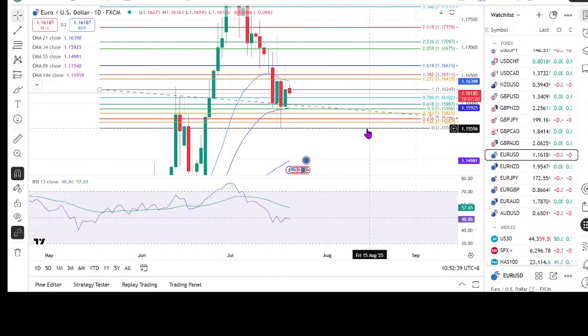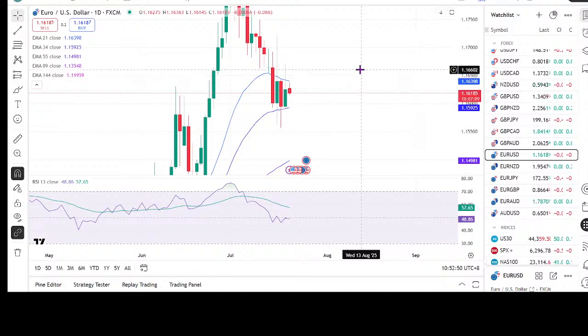The daily high and the daily low. We are expecting the high not beyond 11670.